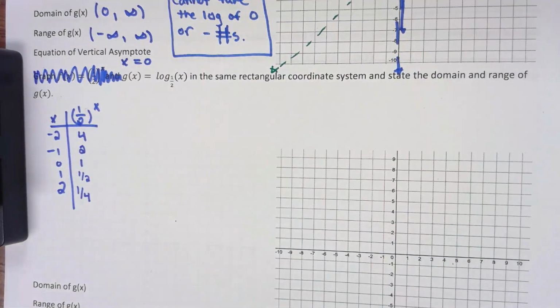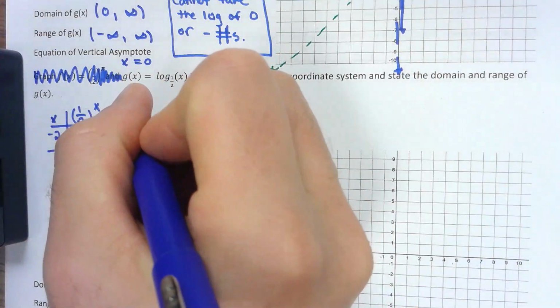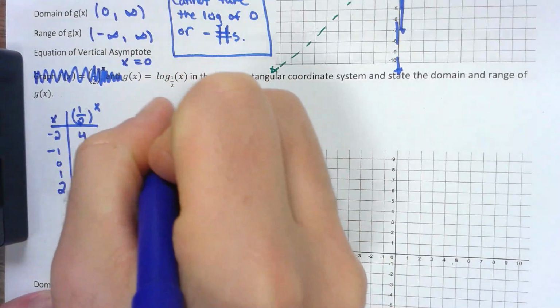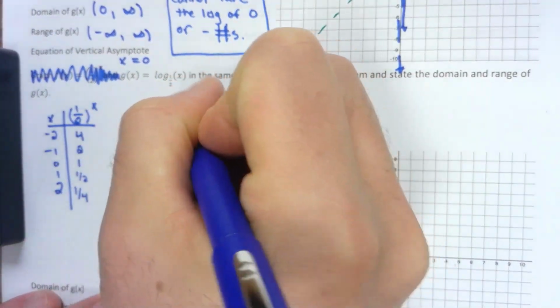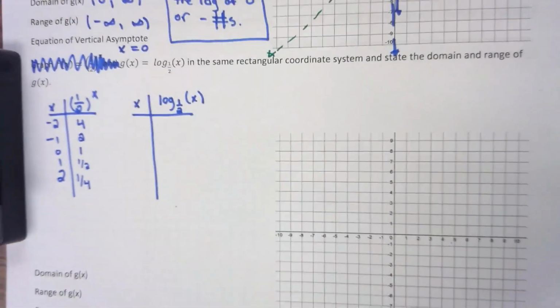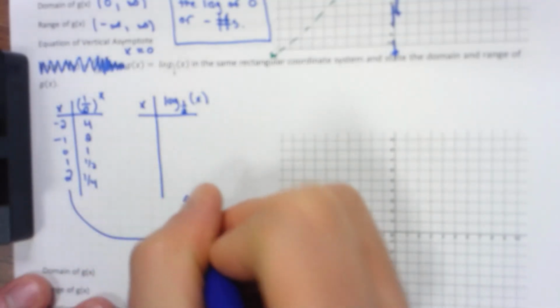Now, the only reason that we came up with this table here is to then use those values to come up with values for our corresponding log. So we're still going to have x values. This time, our y values are represented by log base 1/2 of x. And so the domain of the exponential, or the x values, become the range of the y values.